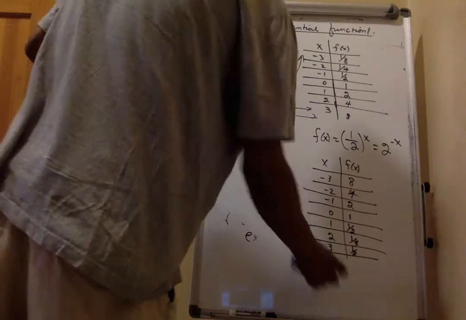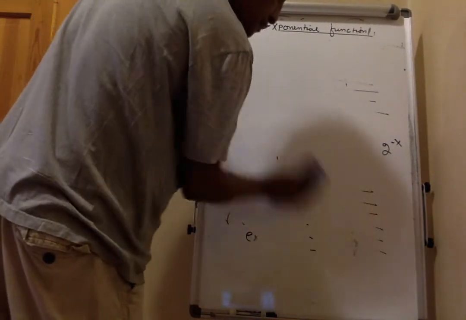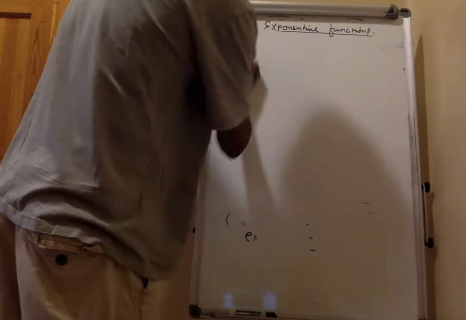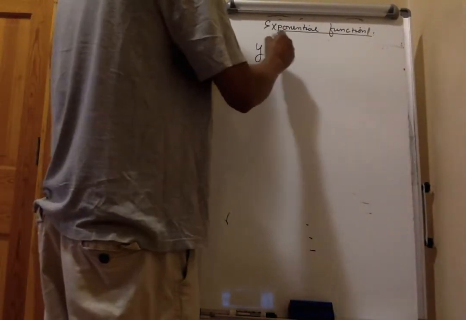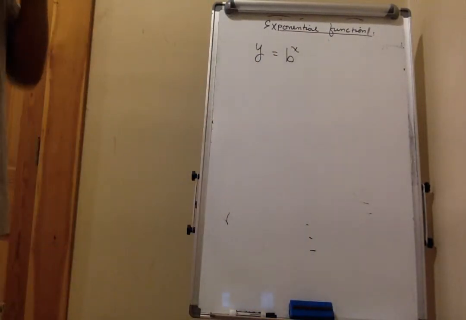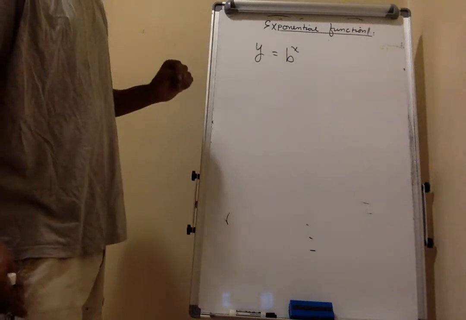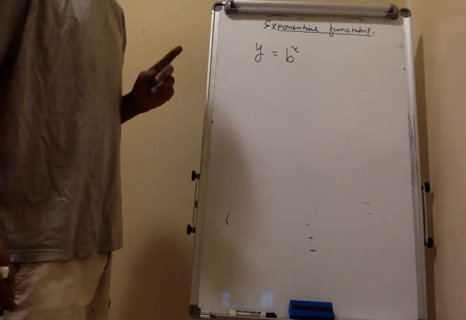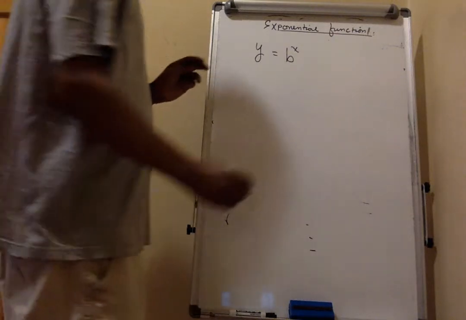One other thing about exponential functions. If I say y is equal to b to the x, I can have any value of y, but what? There is no number raised to some power that would give us 0. So meaning what?